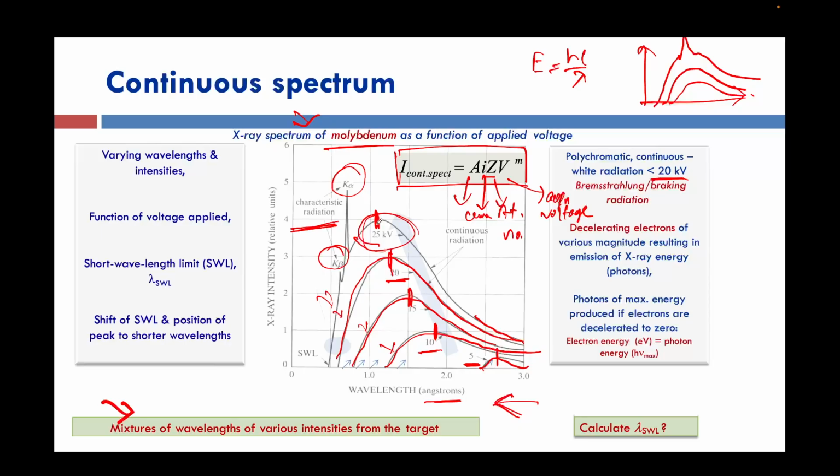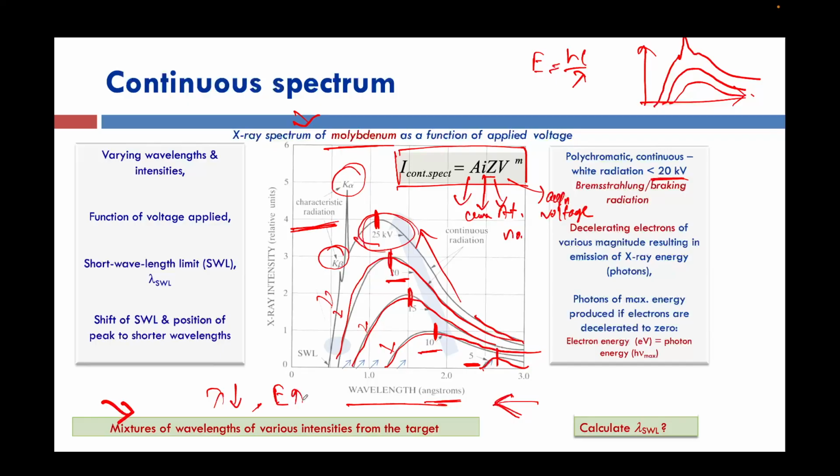That means as I increase my voltage, the wavelength at the maximum intensity is decreasing, and if my wavelength is decreasing, my energy is increasing.